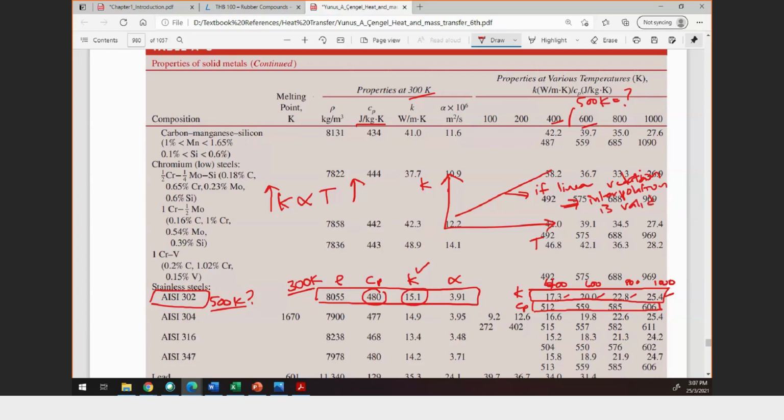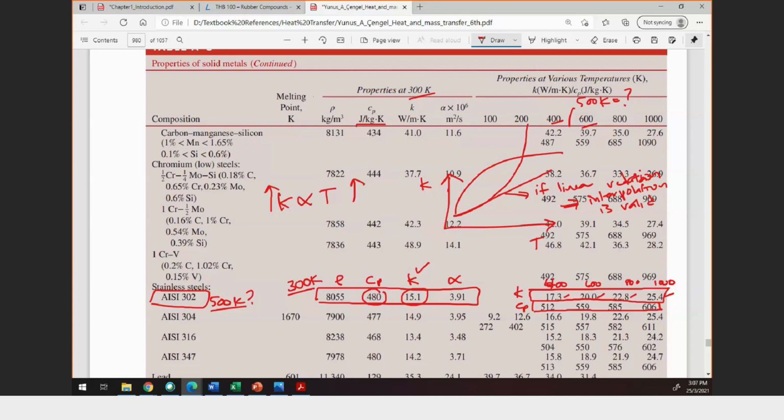But if it is non-linear, like exponential or inversely proportional, then it is not valid if you want to do interpolation. If you look at this textbook, you have a graph of k as a function of temperature.